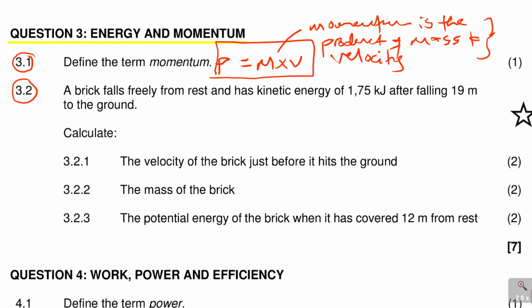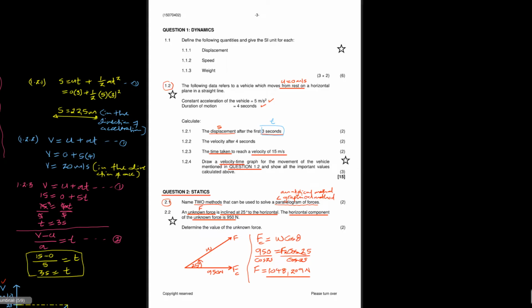It says a brick falls freely from rest. It is falling freely, which means when they're saying it is falling freely, you must consider the effect of gravity, G. And now what is our value for G?